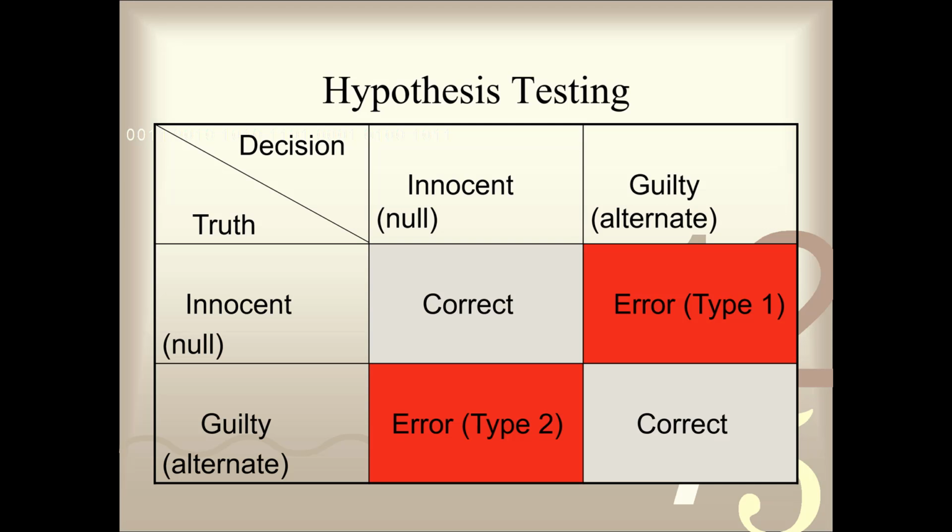So we'll see level of significance in hypothesis testing. We won't see type 2, but I'm just going to mention it here. You won't see it on a quiz or homework either, but basically that would be if I decided they were innocent when they were actually guilty. But the probability of type 1 error, or alpha, is what we're going to use to make our final conclusions in hypothesis testing.